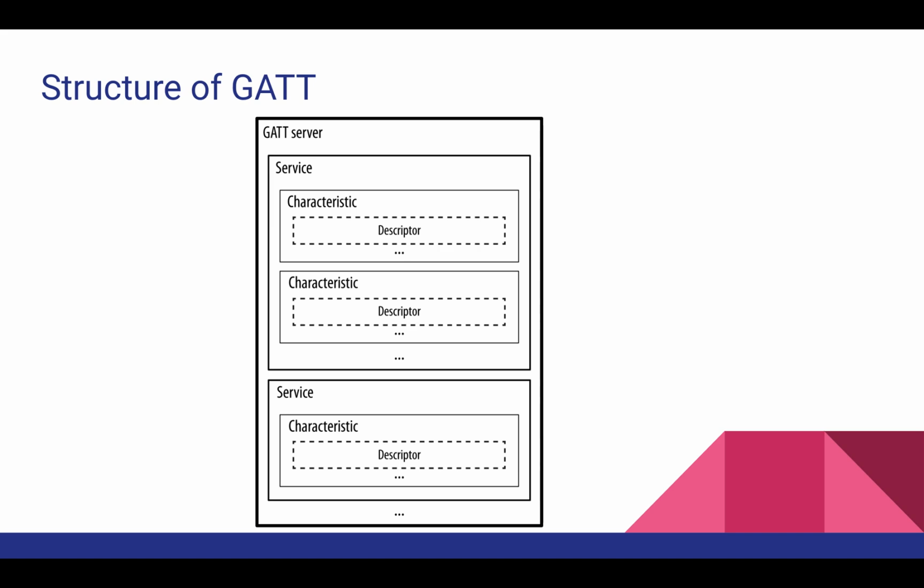A characteristic may have many attributes. Since we are storing everything in terms of attributes, that's why we call this protocol the generic attribute, that is GATT protocol.